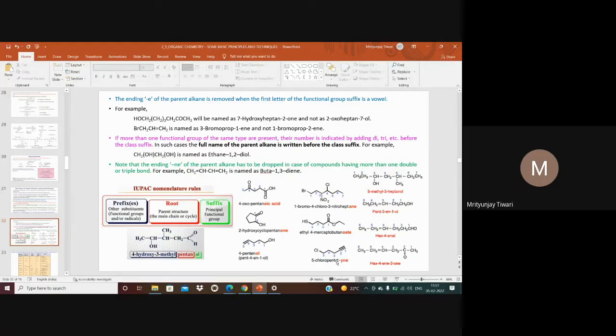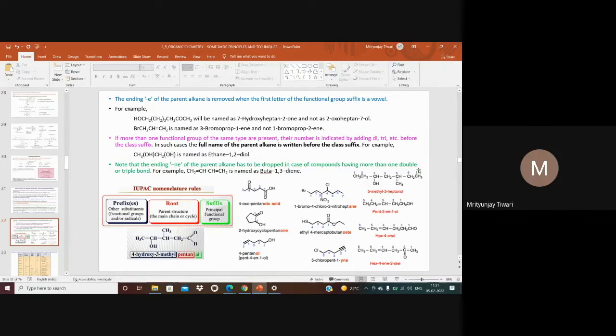So "pent" we are writing, it is not pentane. So "ane" we are removing because there is only one triple bond, and "yne" we are adding here. So pent-1-yne. And if you look at the name of this compound, 1, 2, 3, 4, 5, 6, 7. The branching is at this and this also, but this is a functional group, so numbering will start from this end so that this carbon gets the lowest possible number.